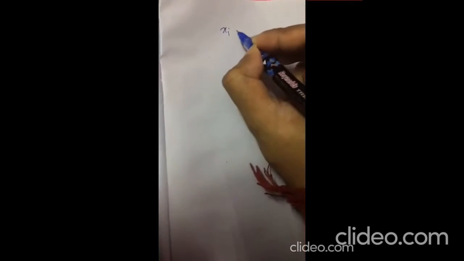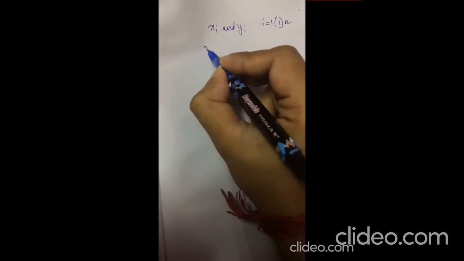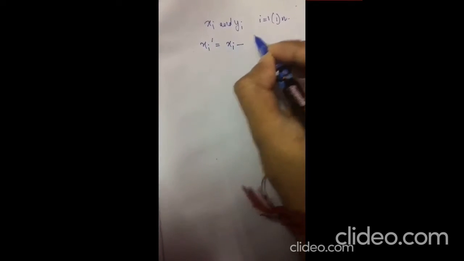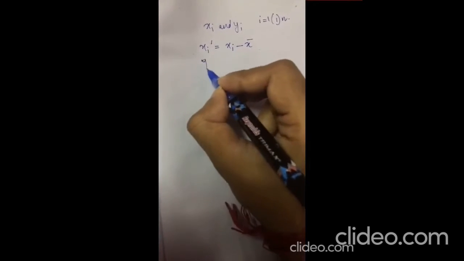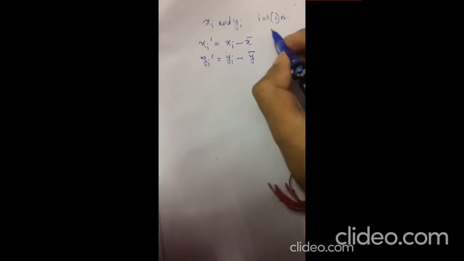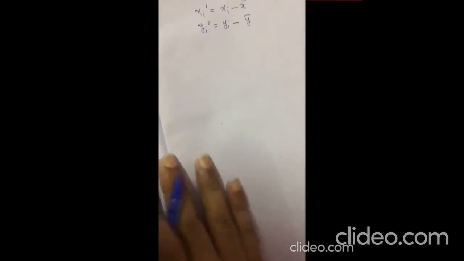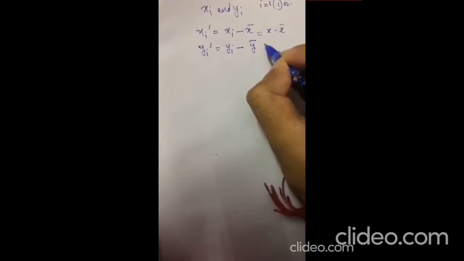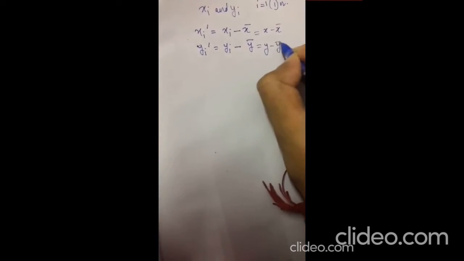So the original values were xi and yi, i running from 1 to n. Now suppose the values are shifted, such as xi prime becomes xi minus x bar, and yi prime becomes yi minus y bar. So I take them as x minus x bar and y minus y bar.